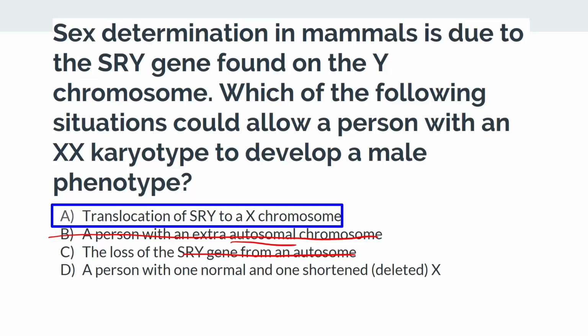And a person with one normal and one shortened or deleted X, what is that? That's just X inactivation. That happens in all females, and they remain female, right? So at least try and cross off as many as you can. With some logic, we were able to cross off the bottom 3, and so even if you didn't know that was the right answer, you know the rest are wrong, so just pick that one.